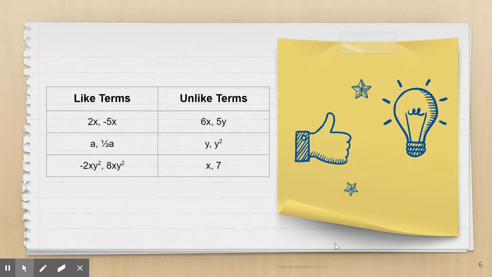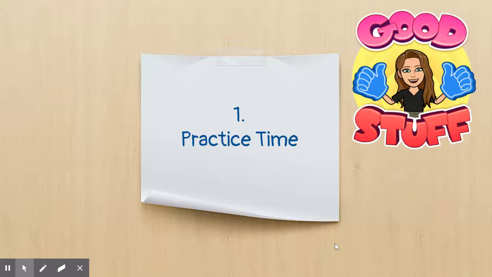These are the same variable, so a lot of students think, yes, we can combine them. However, y is not the same as y to the second power. It doesn't have that exponent, so we cannot combine these. And then lastly, we have x and 7. We have a variable and a constant. We cannot combine these either. Now it's time to practice.